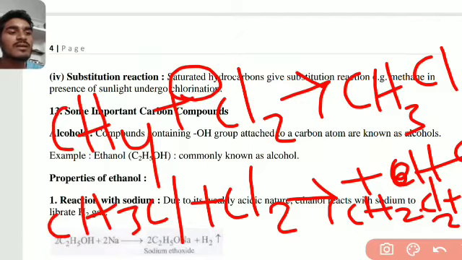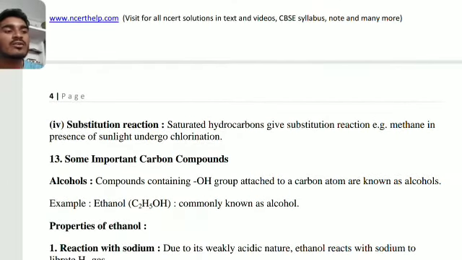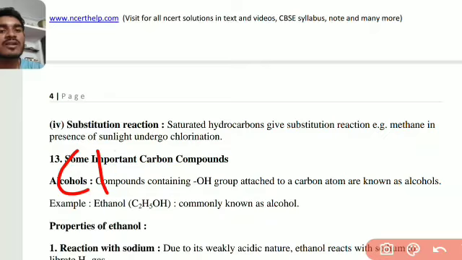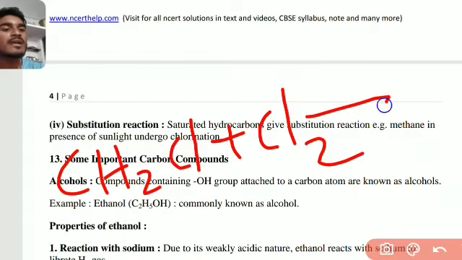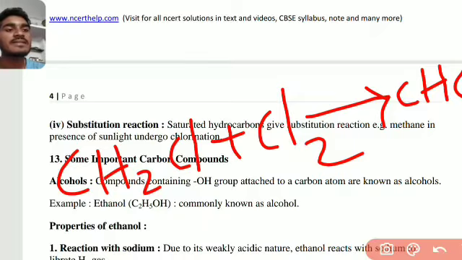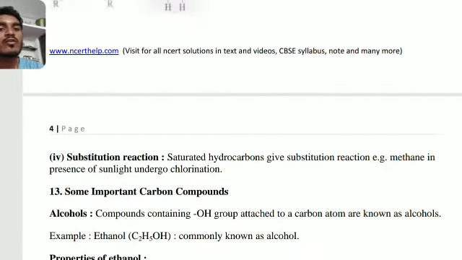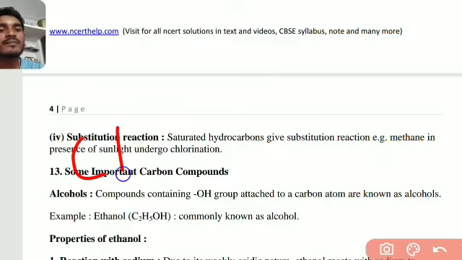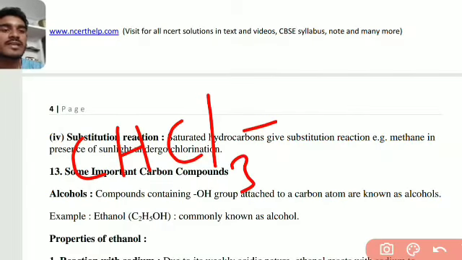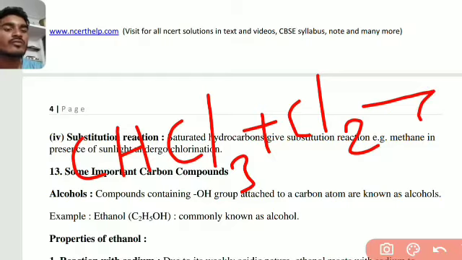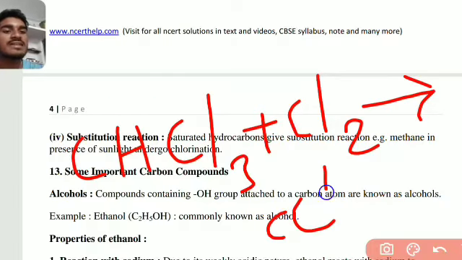Okay, and again methylene chloride, CH2Cl2, reacts with chlorine gas, so it will produce chloroform, CHCl3, plus HCl. Okay, and again chloroform is reacted with chlorine, so it will give CCl4 plus HCl.